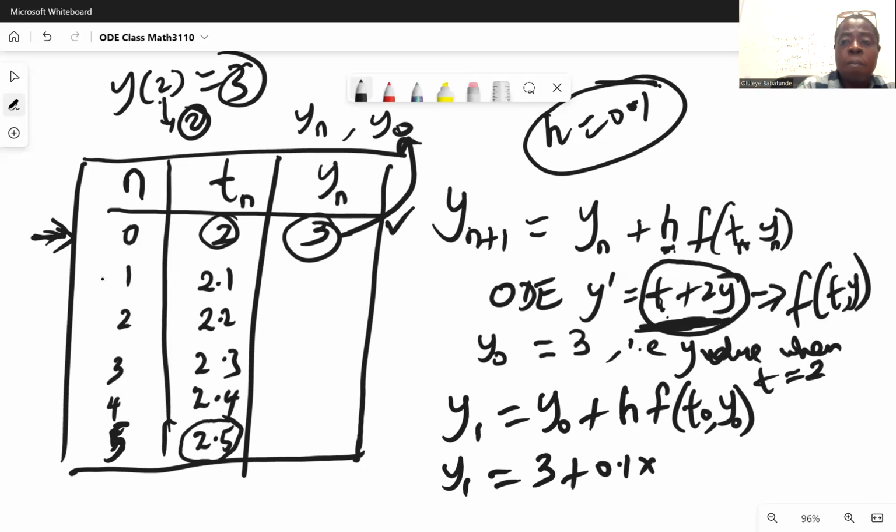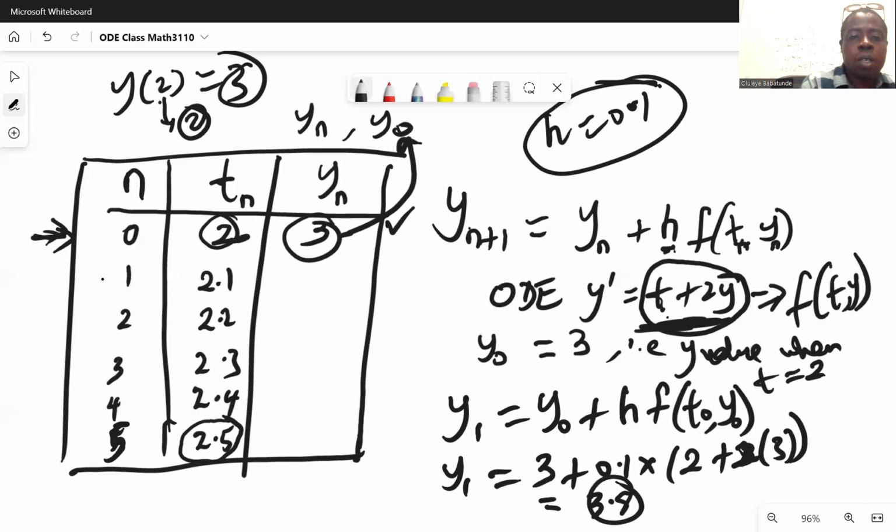That says t plus 2y, so 2 plus 2 times 3, and that will give you 3.8.